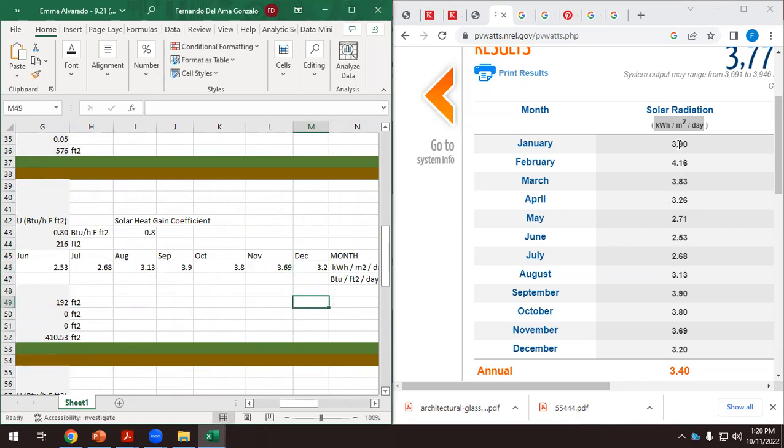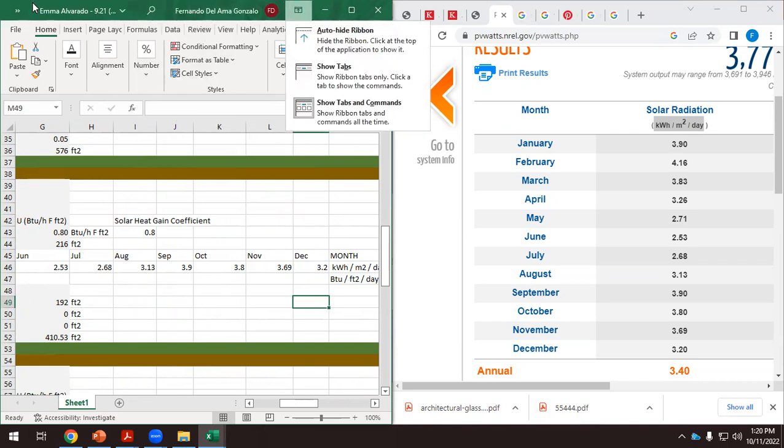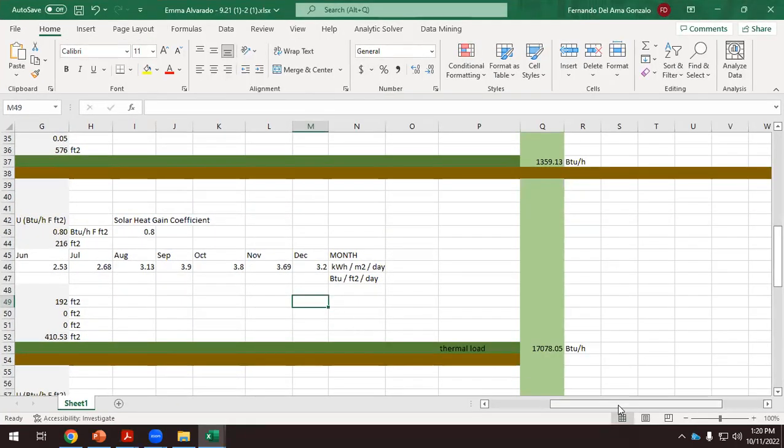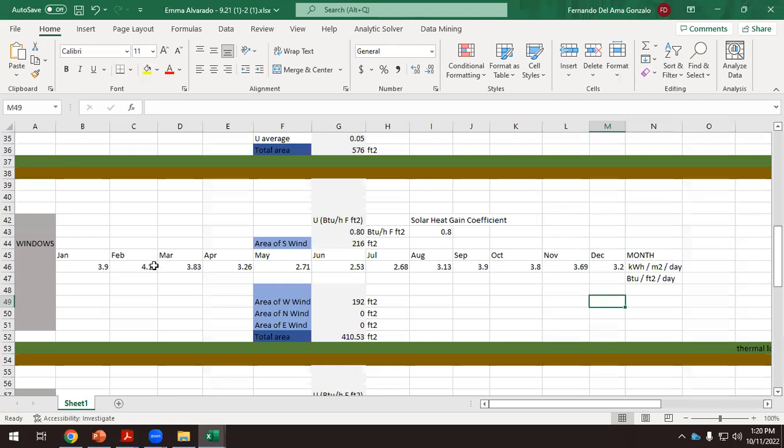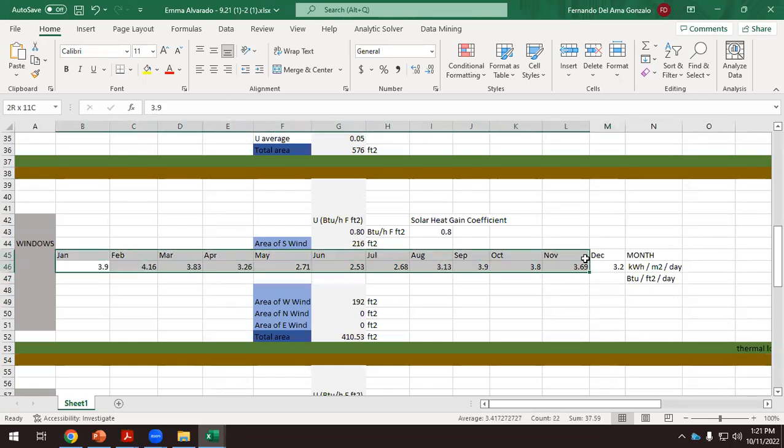Okay, so we need to get this data. This is the solar radiation outdoors on a vertical surface, on a vertical window. And we have to get this data throughout the year.